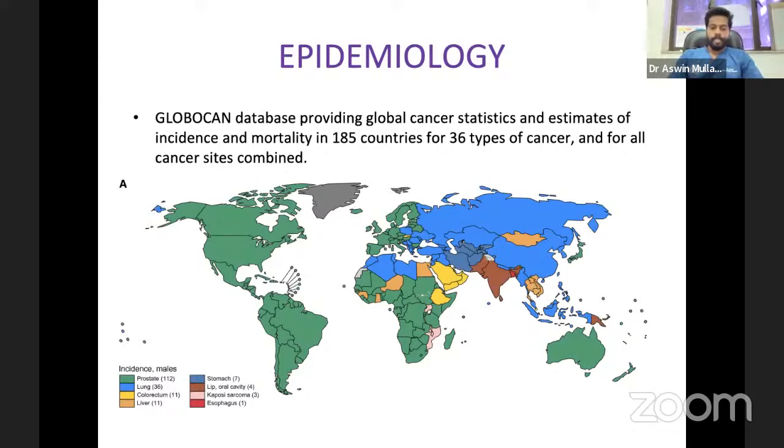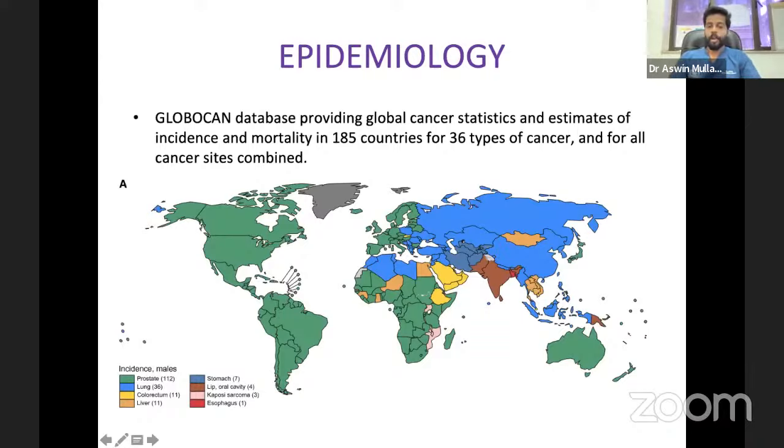Here you can see the map and the different cancer distribution. Out of that, you can see the green indicated in more Western countries, Americas. That is carcinoma prostate. For the world distribution, carcinoma prostate accounts for the most.